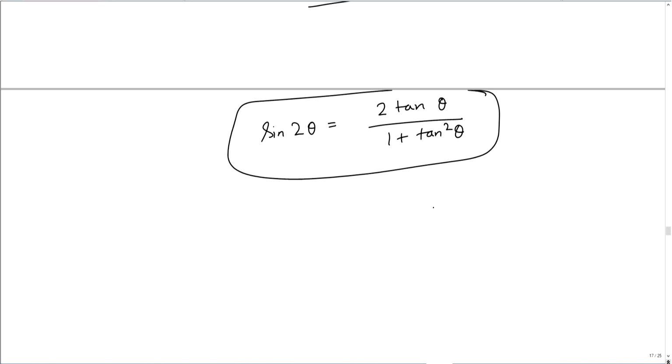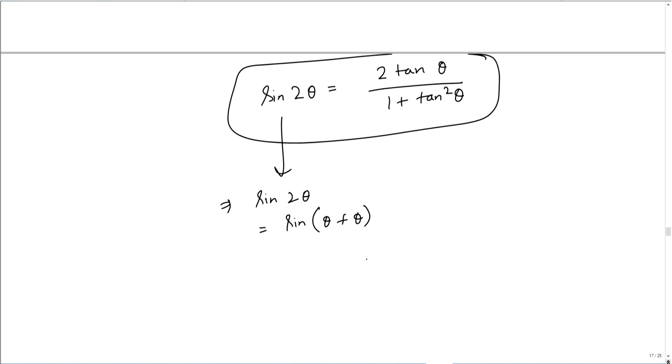Now let us take the left hand side, which is sine 2 theta. Now sine 2 theta can be rewritten as sine of theta plus theta. Okay. Sounds fine. Now what would be sine of theta plus theta? Now this is the sine of theta plus phi kind of situation.